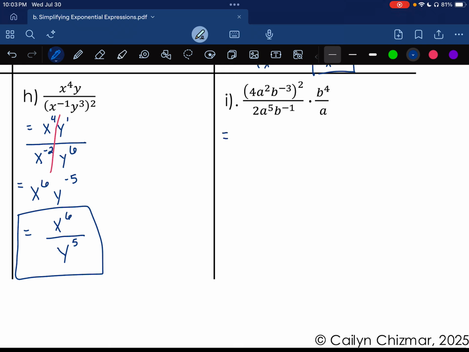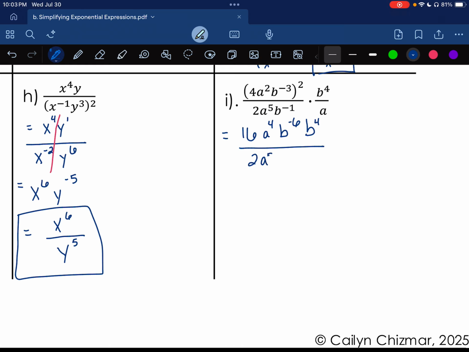Next, we just rewrite the bottom, and all I'm going to do here is kind of smush that a. Now what I'm going to do is clean up those repeating bases using the product of powers. So a to the 4th stays the same.